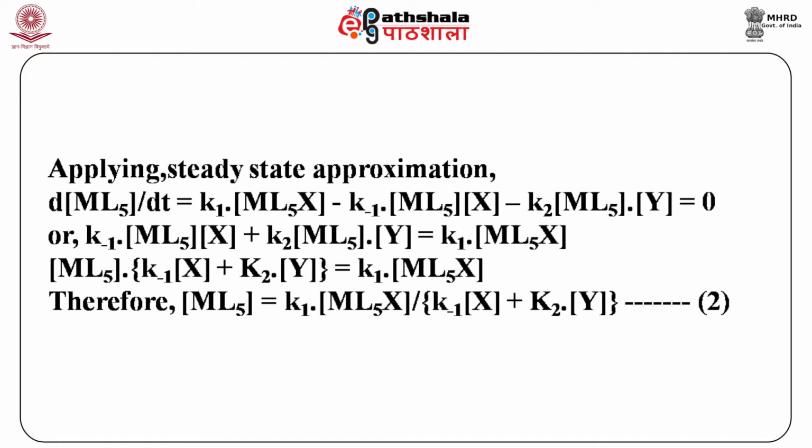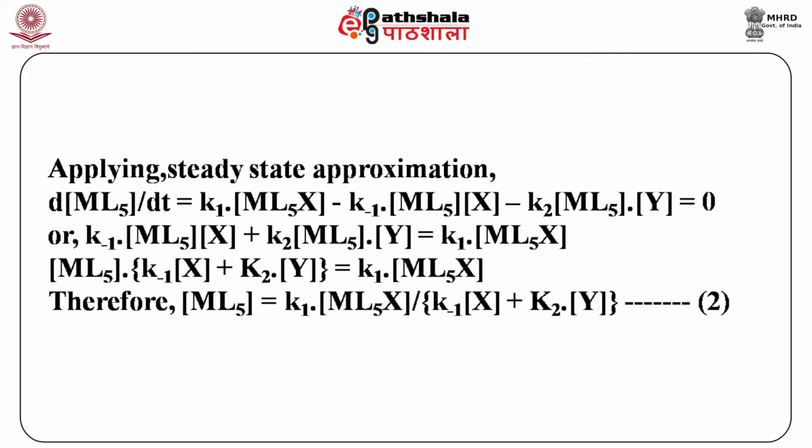So applying steady state approximation to our calculation, d[ML5]/dt would be equal to k1 into [ML5X] minus k-1 into [ML5] into [X] minus k2 into [ML5] into [Y], and this should be equal to 0.